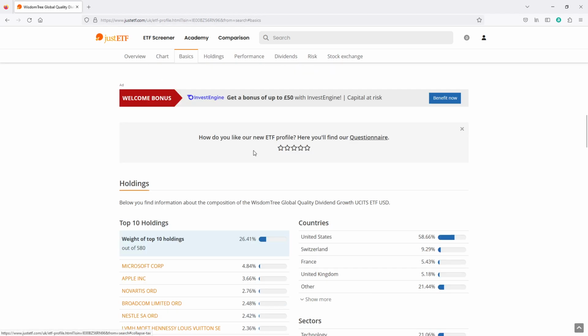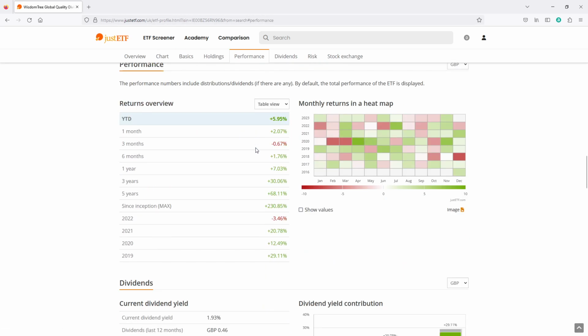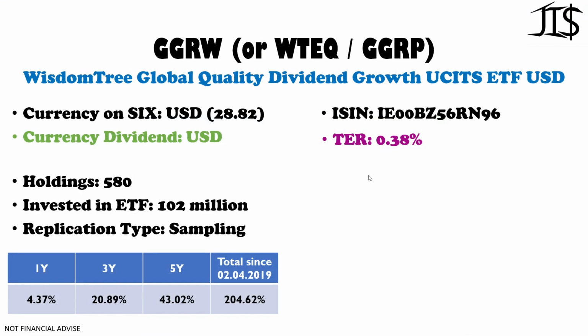Is that a typing mistake of mine, yes or no? No, you see 230.85 right now because the price changed a bit. So it's unbelievably nice. Maybe there is a mistake in the calculation on JustETF. I don't know, but it's one of the best performers then.